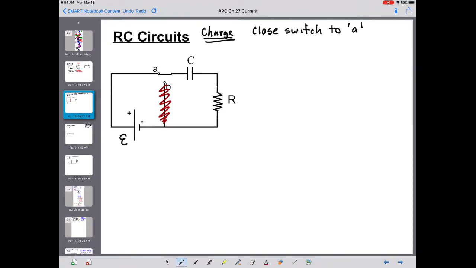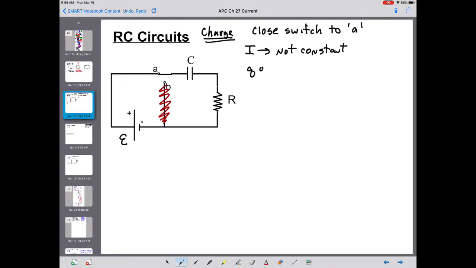Now, it's important that you realize that it occurs over time, because what that means is that your current will not be constant, because when the capacitor first starts to charge, the current will be higher because there's no charge buildup, and as the charge builds up, then the current level will drop down because you get a backup of charges.